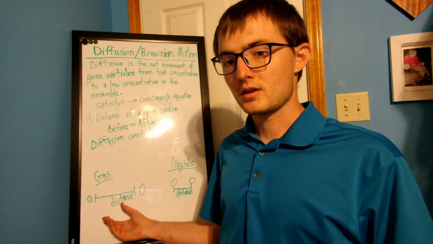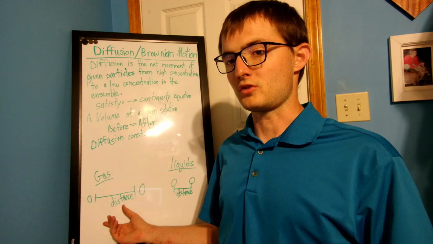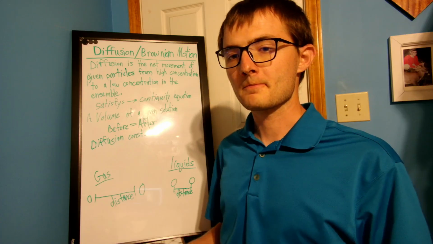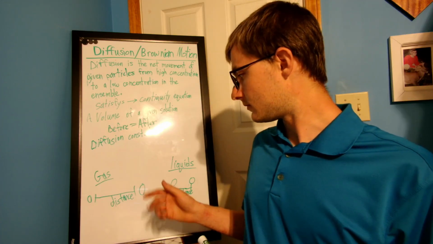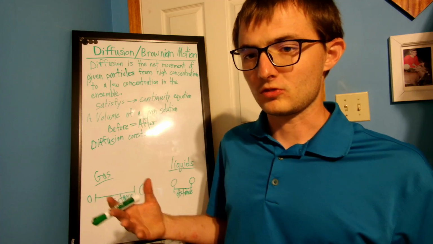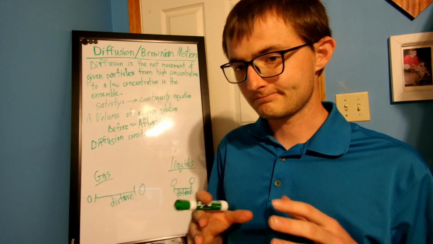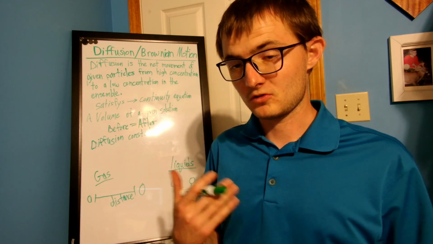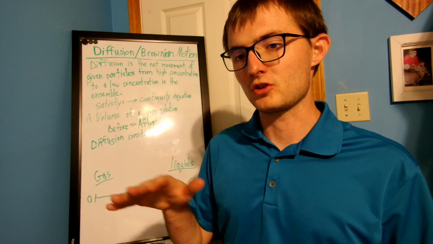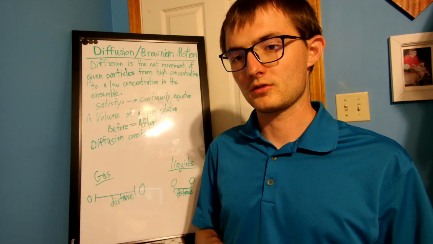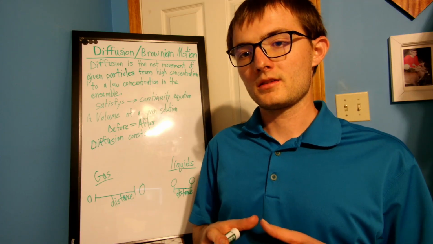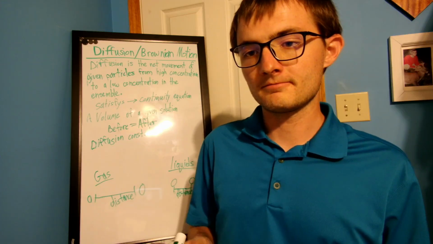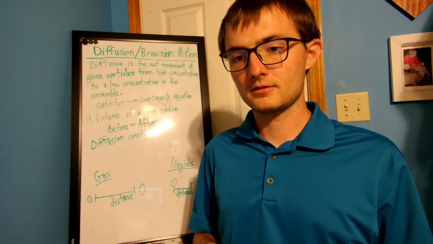Again, the distance can be greater than what's shown on the board here, but it'll be a much larger distance, and so there'll be fewer collisions. Therefore, the diffusion constant D will be much lower, and so oxygen gas is not going to be able to spread out as quickly in the gas.